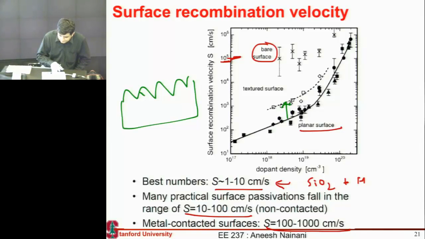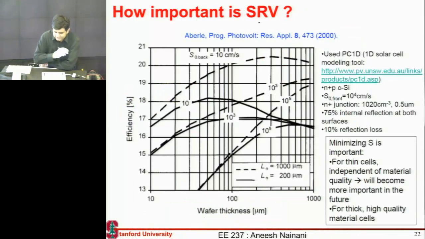Okay. So then the next thing is, how important is the surface recombination velocity? You already got some feel of it when you did that problem with PC1D in your problem set 2, and you inputted that high surface recombination velocity into your device. But that was for a cell which was intermediate in thickness.